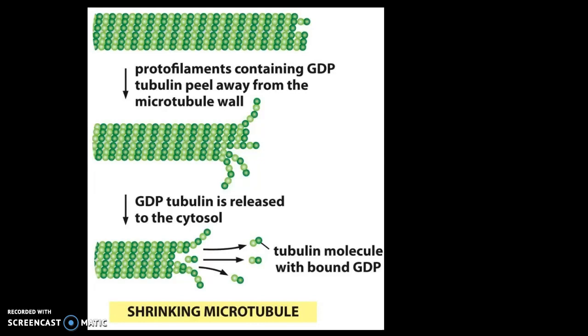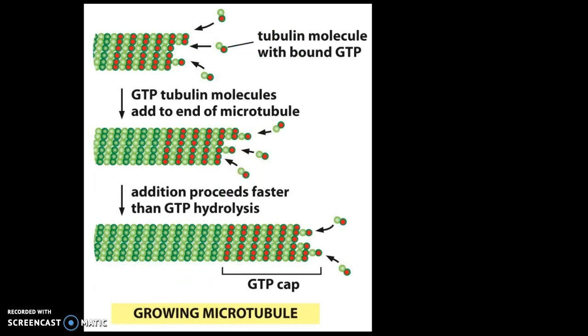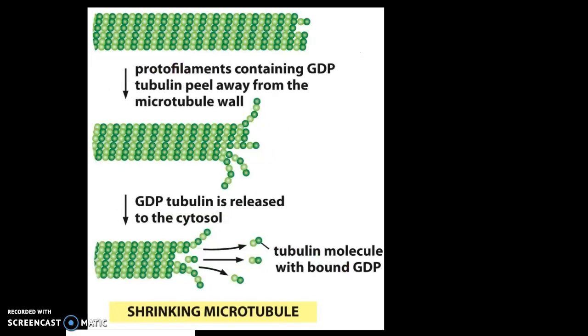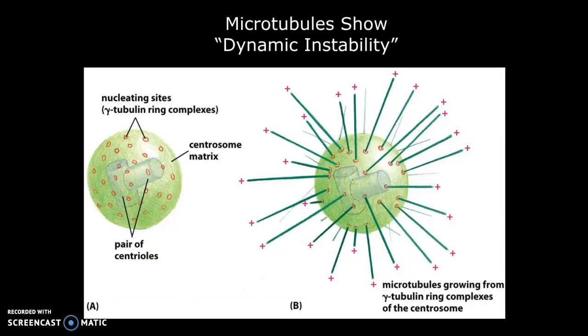If the GDP front ever catches up with the end, then catastrophe happens, and then you have your microtubules shrinking. So they're constantly growing as long as GTP is around, but when there's no GTP around, then you have this shrinking called catastrophe. On the other end, the non-growing end, we call that the minus end.